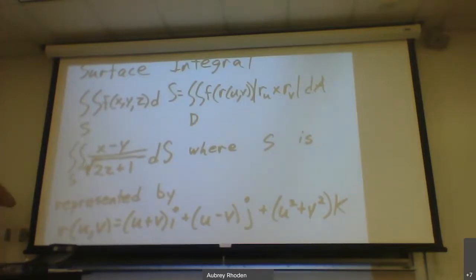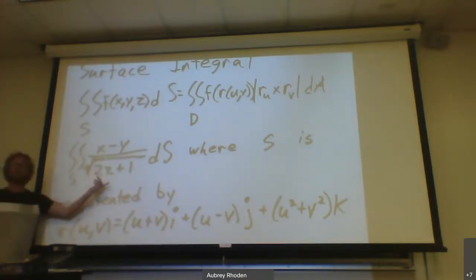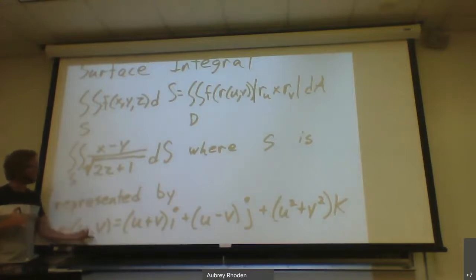All right, so we're given this f of x, y, z, a function of x, y, and z, and we have a surface that is defined by this r of u and v.